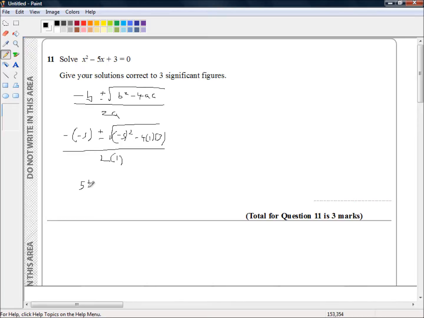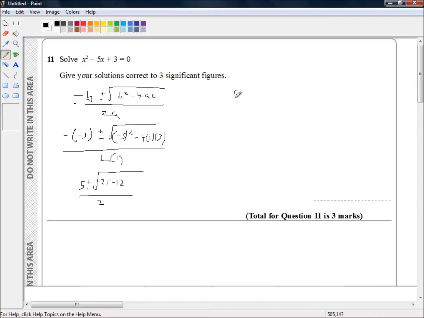So that's plus or minus the square root. Well, negative 5 squared is just 25, because that's negative 5 times negative 5, and a negative times a negative is a positive. So this is 25 minus 4 times 1 is 4, 4 times 3 is 12. And that's all over 2 times 1, which is 2.